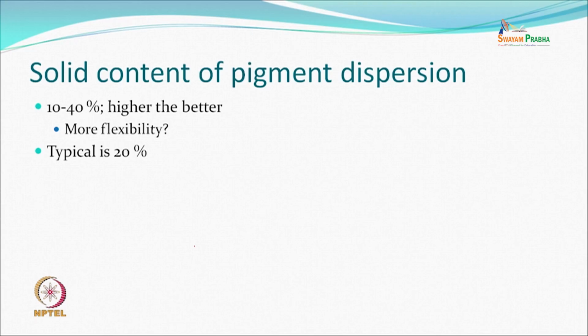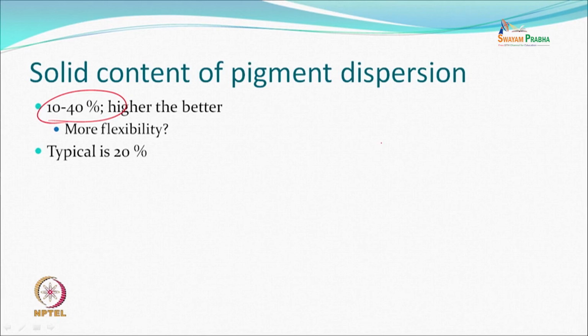Now, the dispersion, how much should be the solid content of the pigment dispersion? One can have dispersions with percentage varying from 10 to 40%.